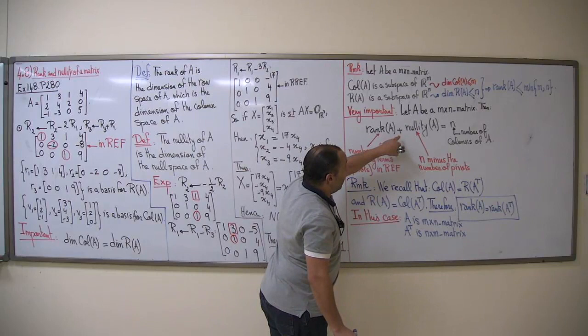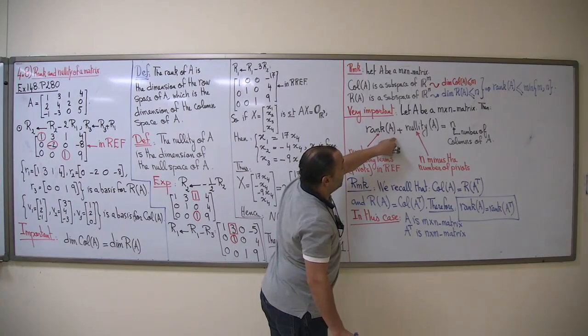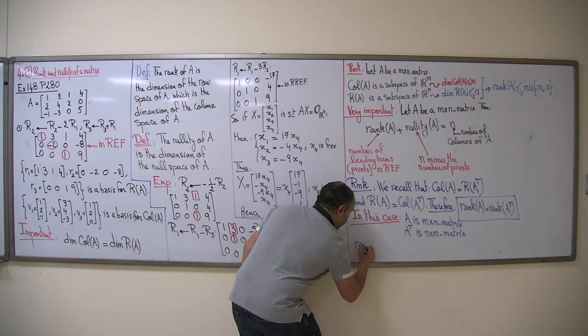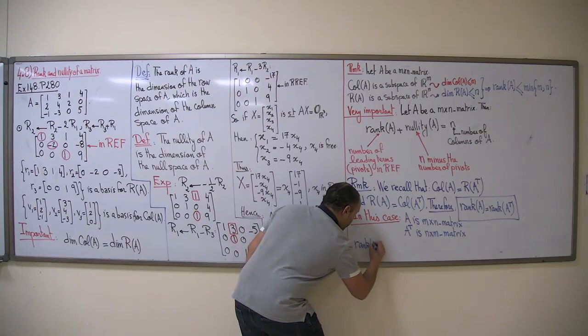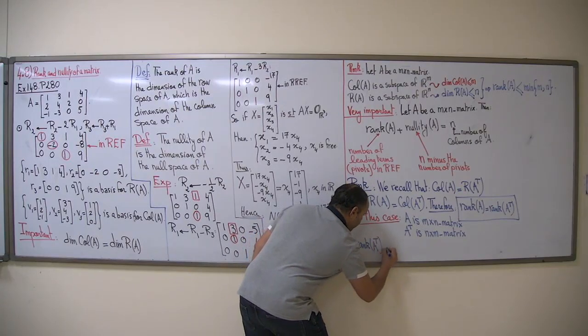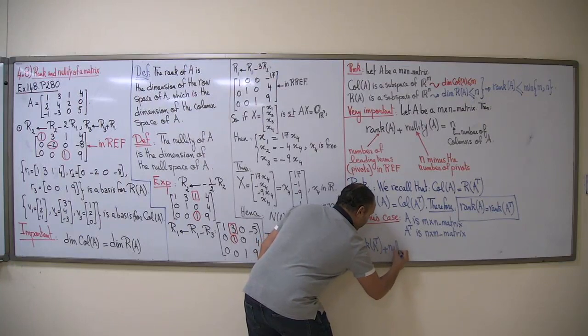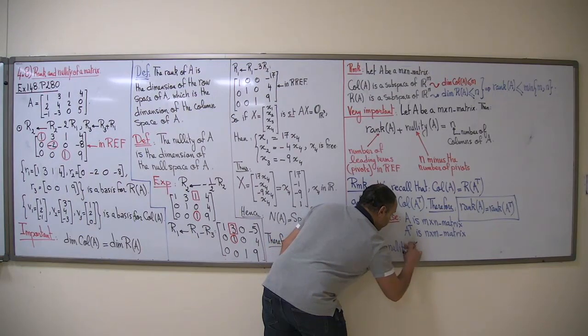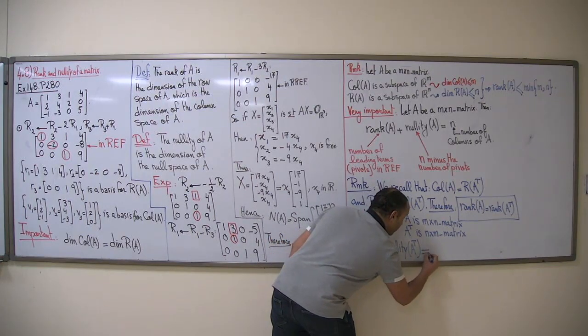Now I write this equality for A transpose. I have rank of A transpose plus nullity of A transpose is equal to the number of columns of A transpose, which is equal to M.